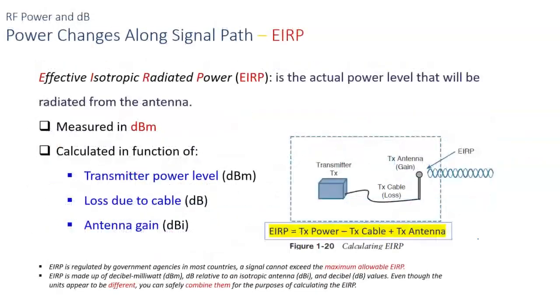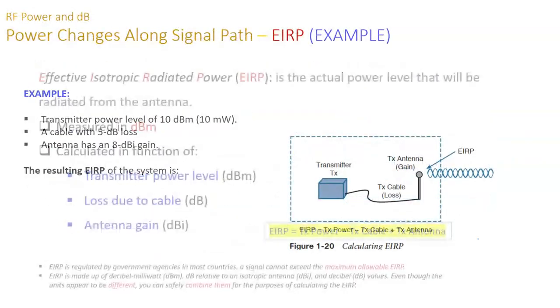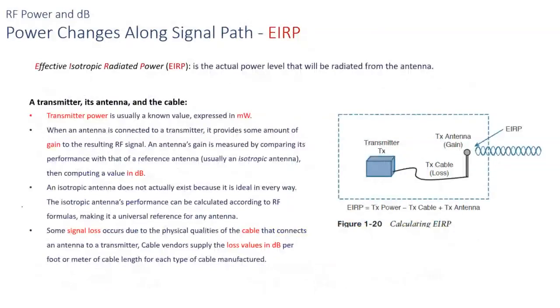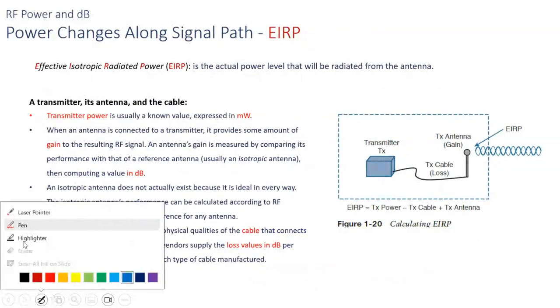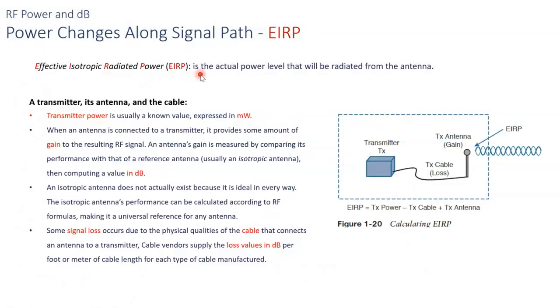Okay, so the effective isotropic radiated power is the actual power level that will be radiated from the transmitter antenna, which equals the transmitter power minus the cable losses plus transmitter antenna gain. A transmitter, its antenna and the cable.